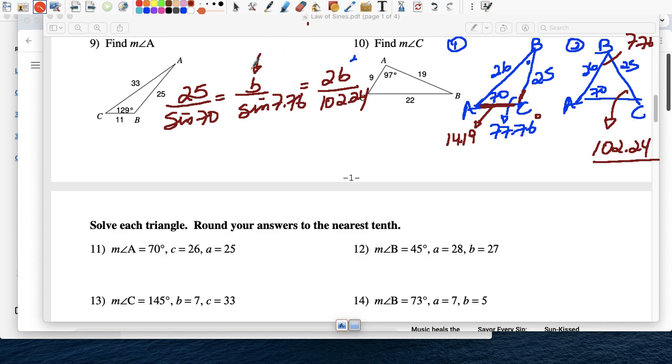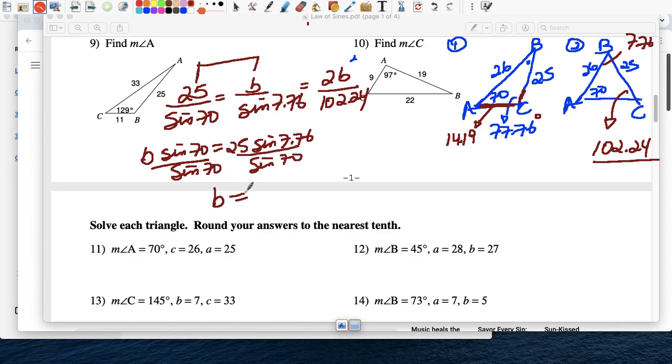All I need is little b. Again, you can either use these two or these two. It doesn't really matter. I'm just going to keep it simple and not use the first two that I see. Cross multiply: b sine of 70 equals 25 sine of angle 7.76. Divide both sides by sine of 70.